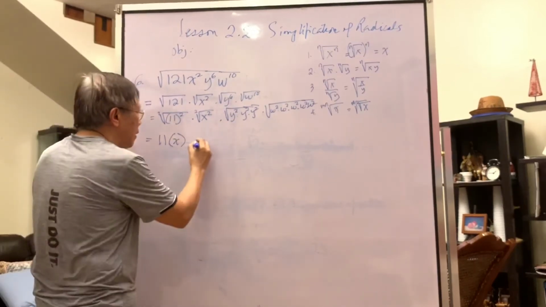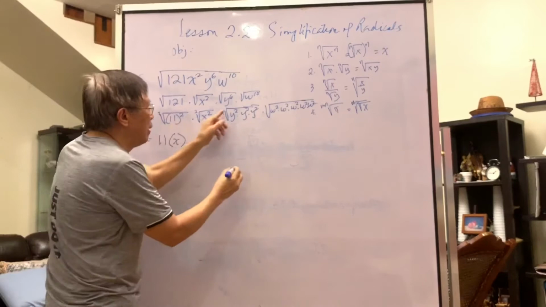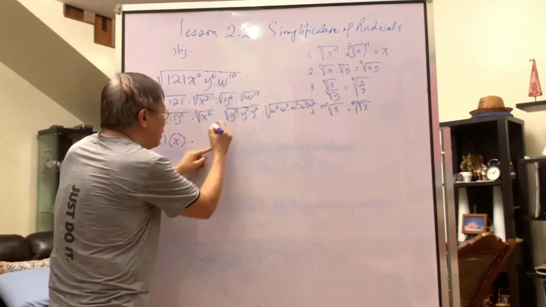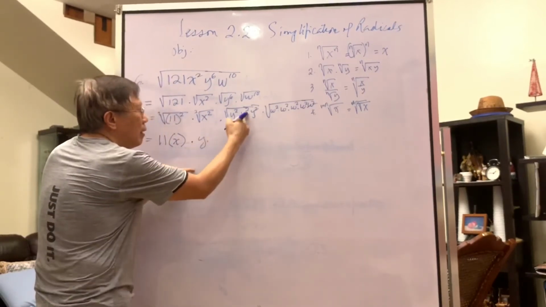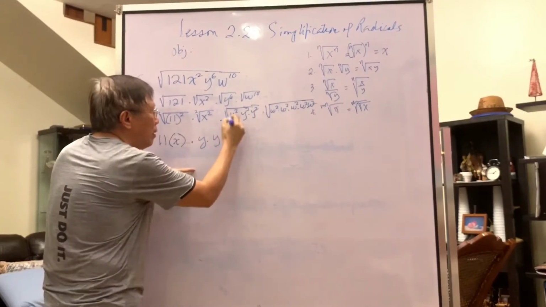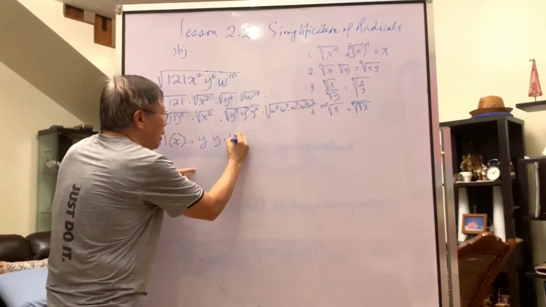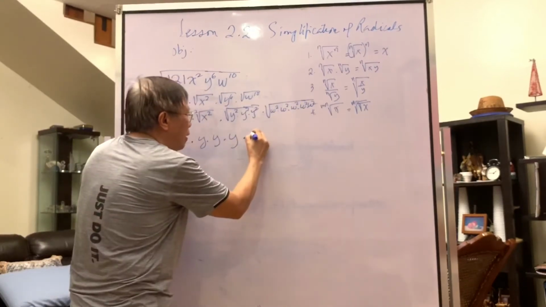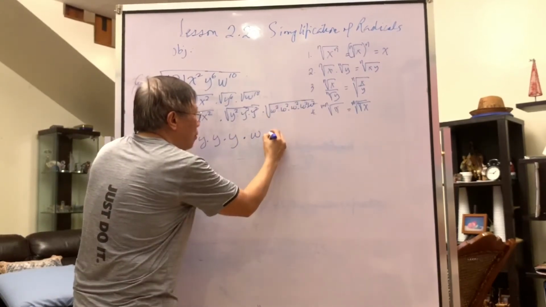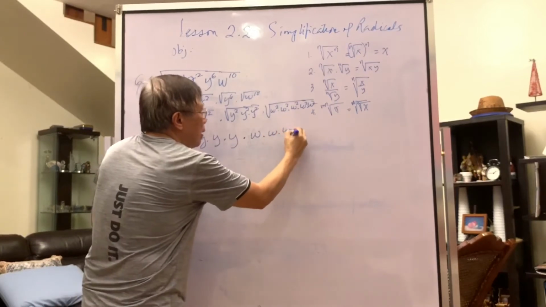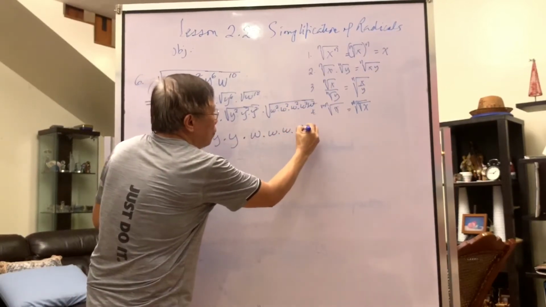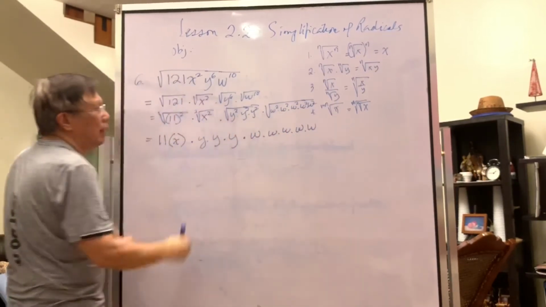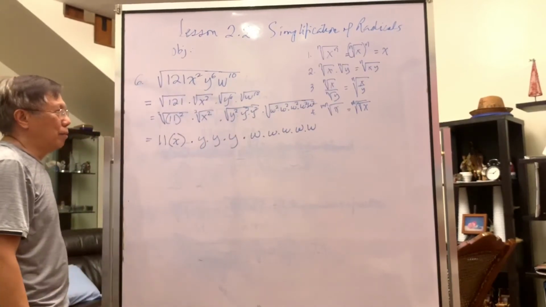And then if you will notice, this one cancels with this, so I'll have a y. This one cancels with the index there. I have a y, another y, and I have another y. And for this one, I have the first w, second w, the third w, the fourth w, and the fifth w.